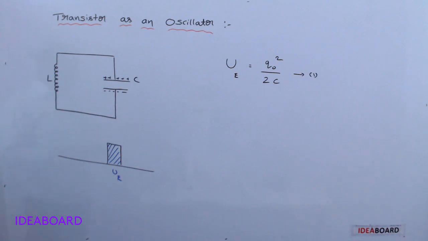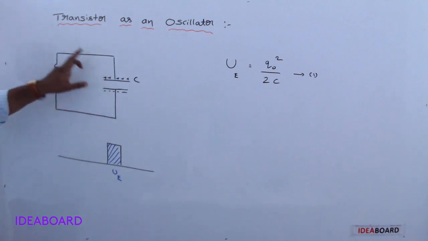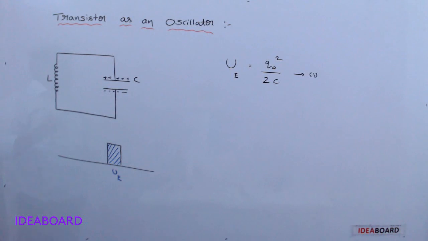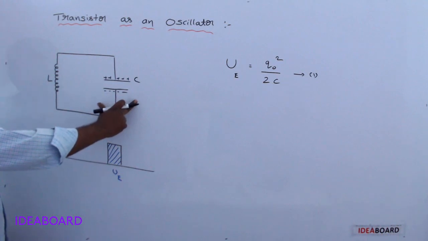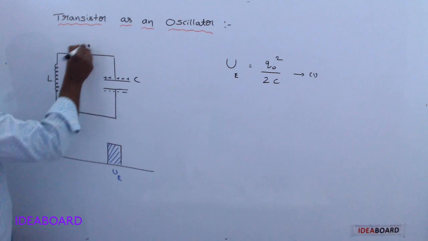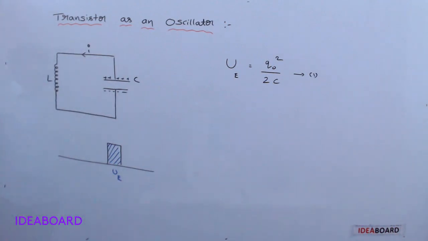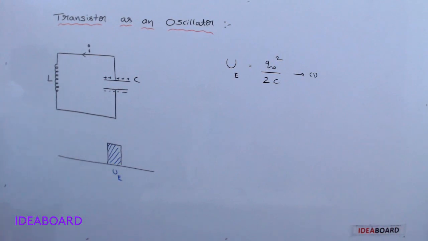Then what happens? Listen carefully. Whenever the capacitor is connected to the inductor, the capacitor begins to discharge. This causes current I. Understand?